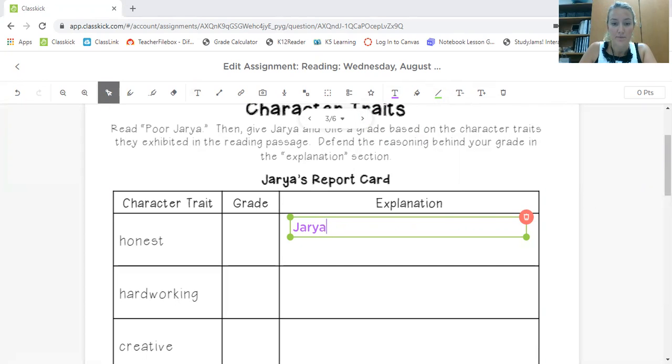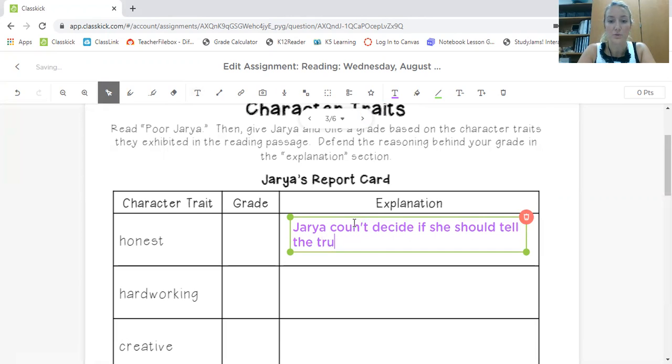Jarya couldn't decide whether she should tell the truth about Yuli. She couldn't decide if she should tell the truth about Yuli.